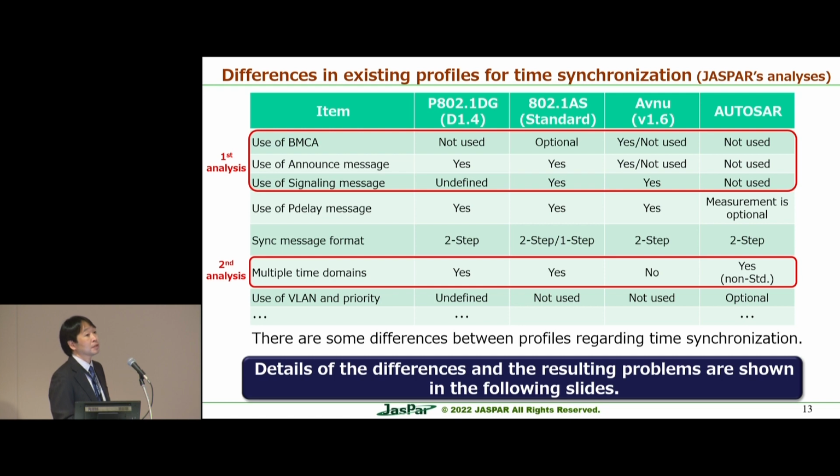The first analysis concerns the use of BMCA, the best master clock algorithm, and the announce message and the signaling message. And the second analysis is about multiple time domains. Details of the differences and the resulting problems are shown in the following slides.